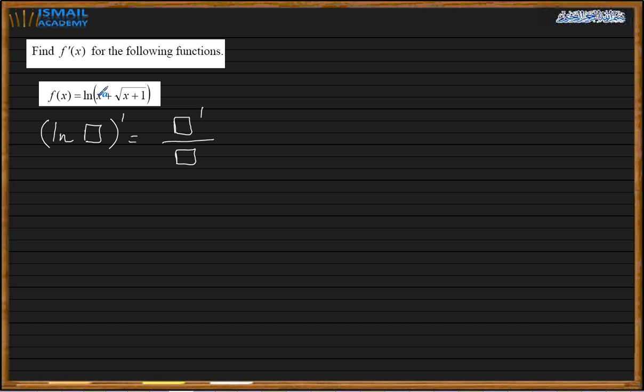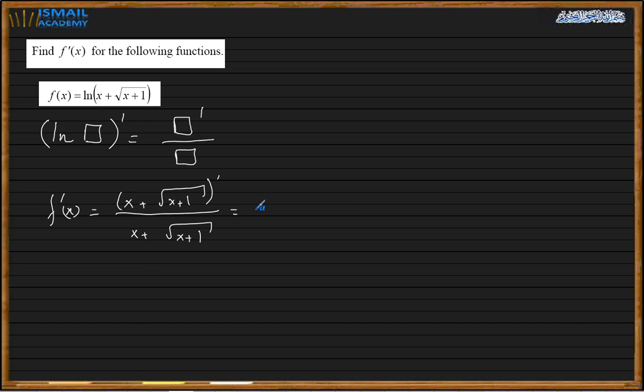So the thing here is x plus square root of x plus 1. So f prime of x will be x plus square root of x plus 1 prime over x plus square root of x plus 1. You see, the derivative of the inside over the inside.